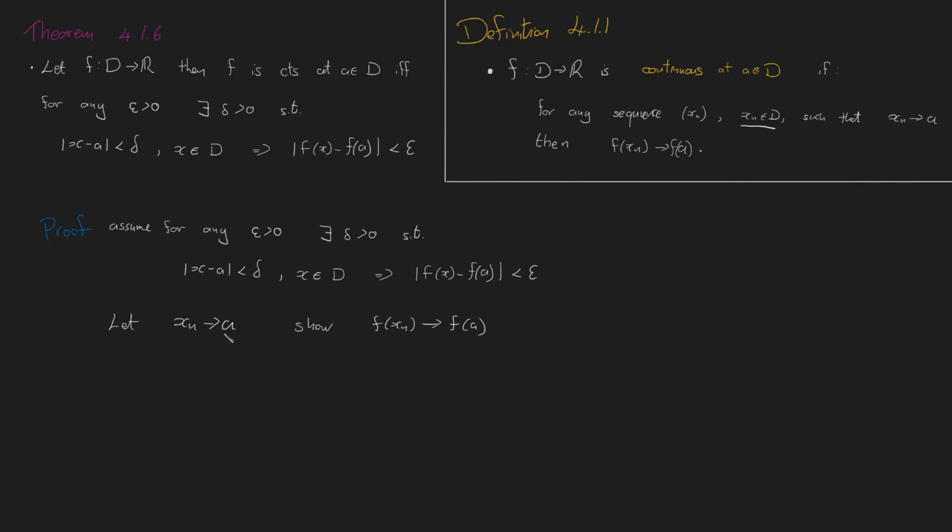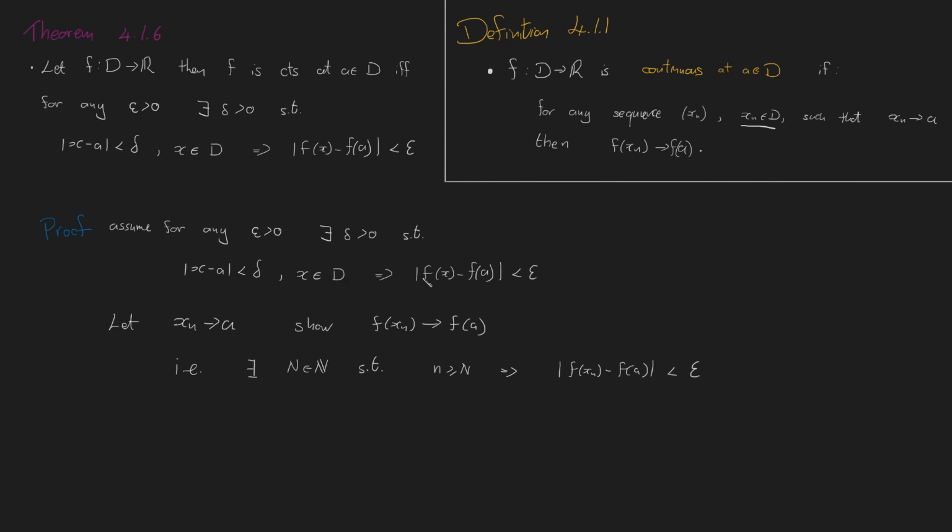And so we take any such sequence. We take a sequence xn converging to a, and we want to show that f of xn converges to f of a. So we think about what it means for f of xn to converge to f of a. In other words, there exists some natural number N such that n greater than or equal to N implies that the absolute value of f of xn minus f of a is less than epsilon.